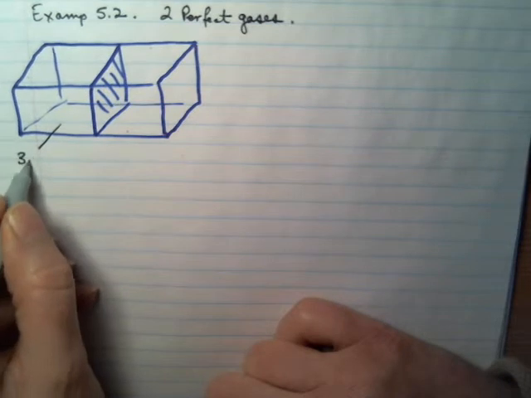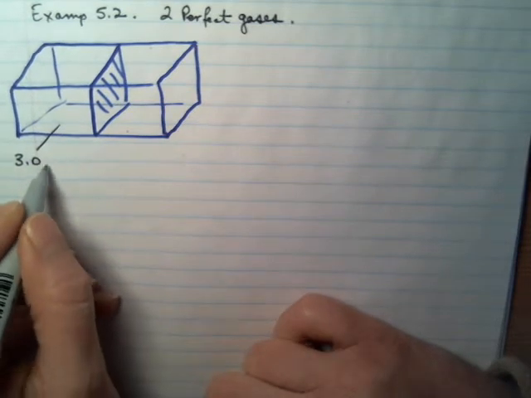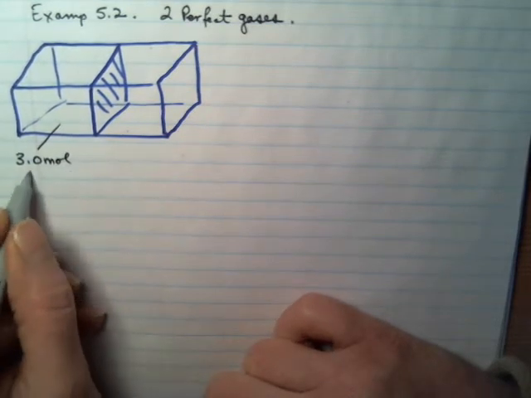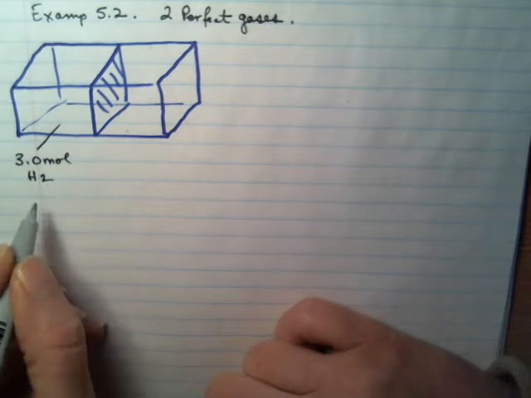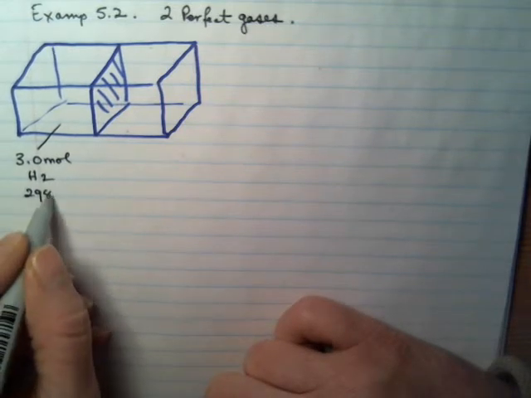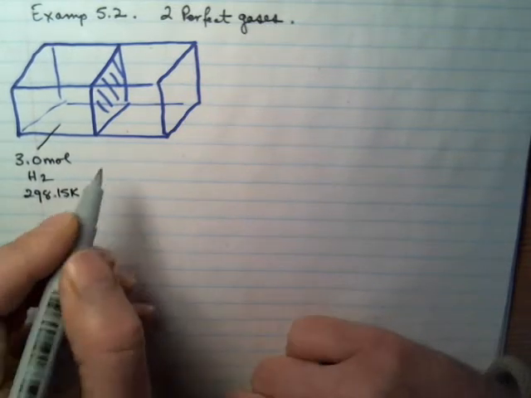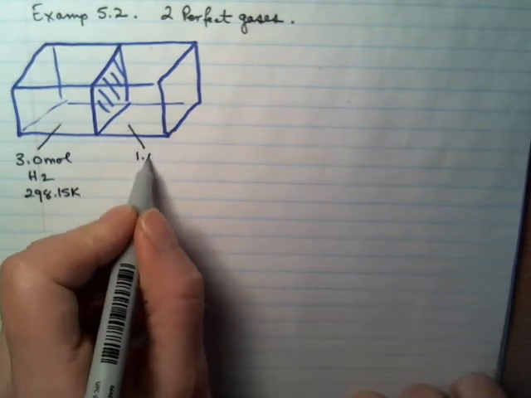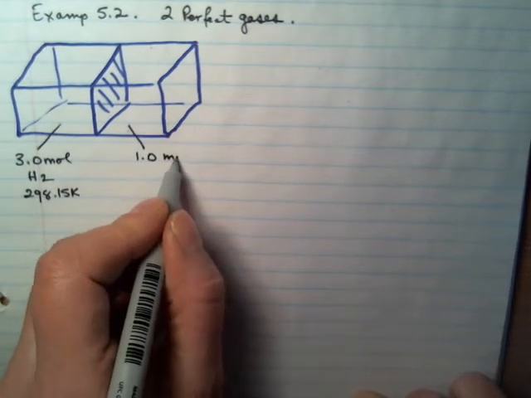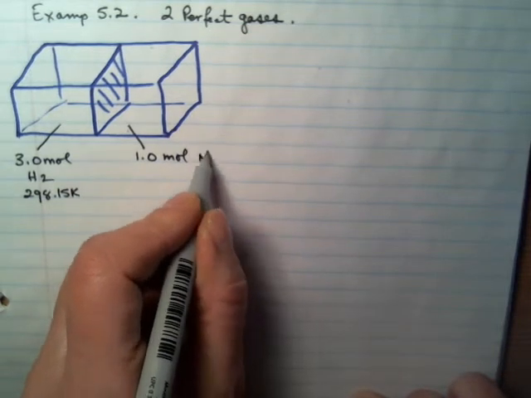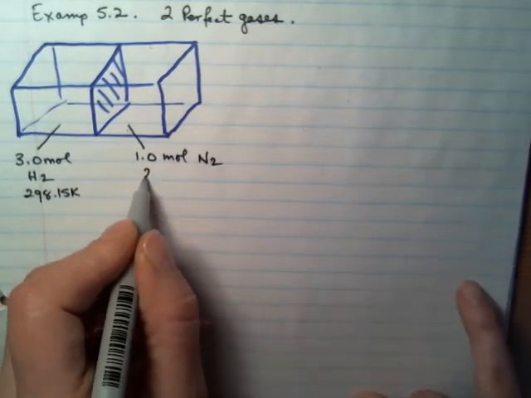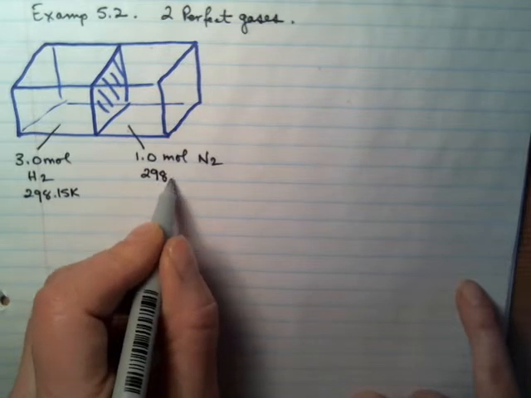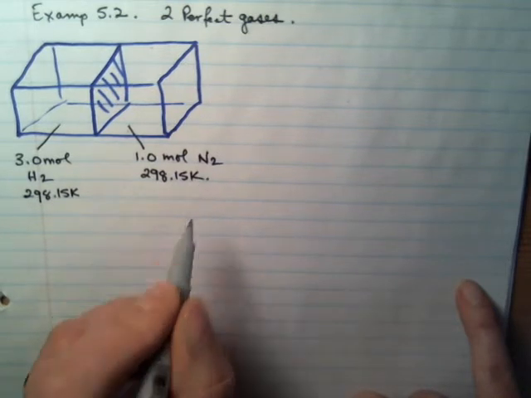On this side I have 3 moles of H2 at 298.15 Kelvin. And on this side, exactly the same volume, but only 1.0 mole of N2, nitrogen, and it is at 298.15 Kelvin as well.